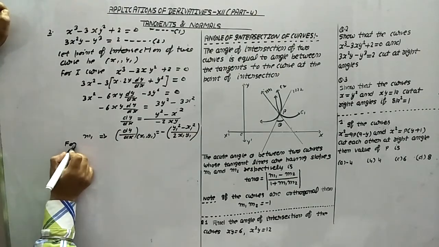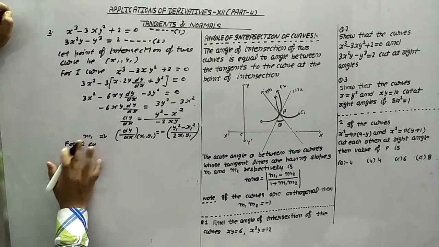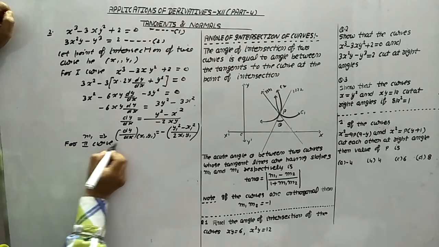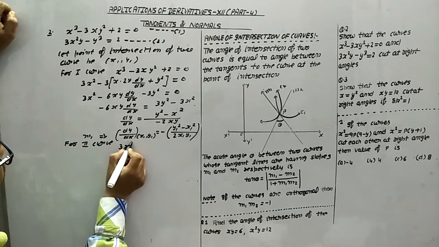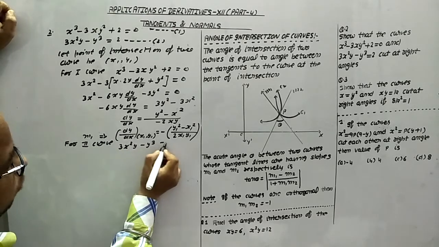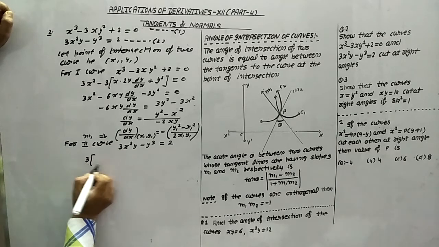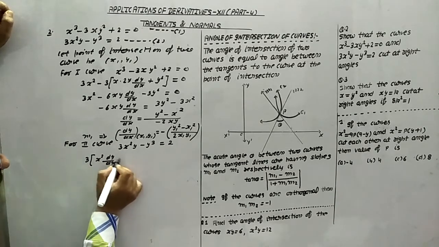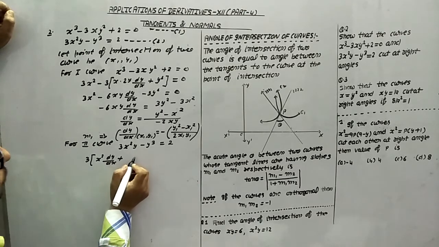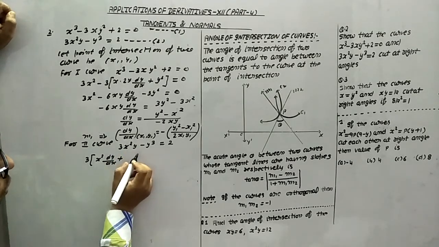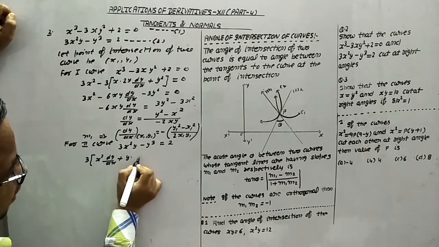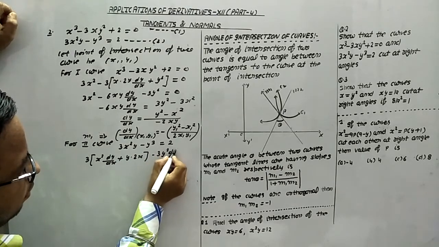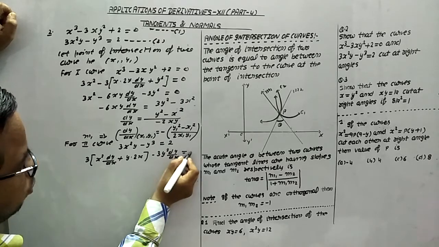Now for the second curve, we have 3x square y minus y cube equals 2. Differentiate with respect to x. It means x square dy by dx plus y times 2x minus 3y square dy by dx equals 0.